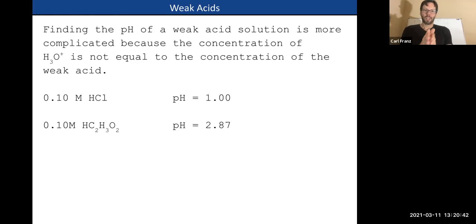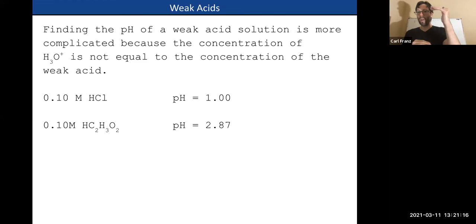So in this top one, we have 0.1 molar hydrochloric acid, and that has a pH of 1, right? Because it's directly proportional to the concentration. However, if we have that same concentration of acetic acid, the pH isn't 1, it's 2.87. Again, because it's not getting as much hydronium formation, because it's not liberating all of its hydrogens.